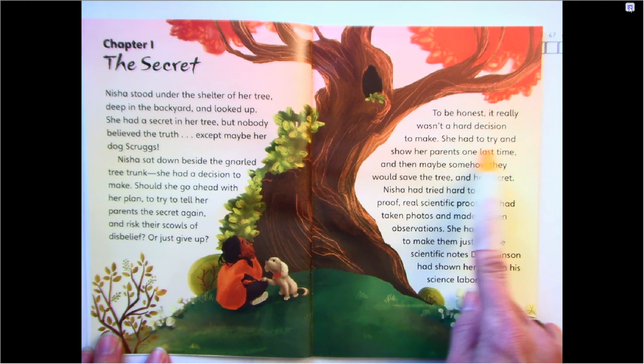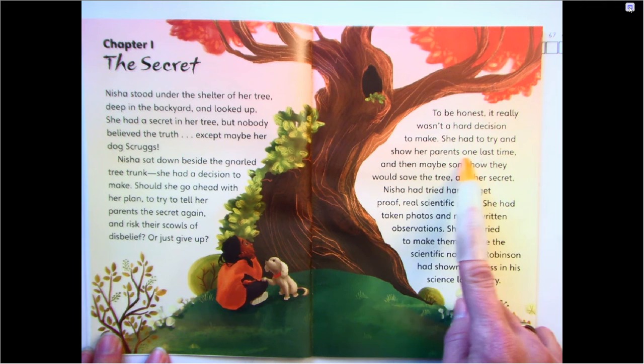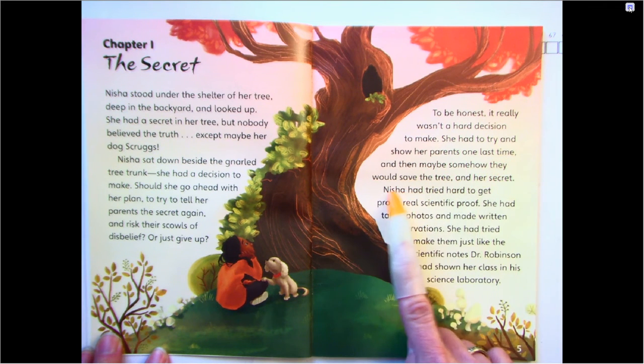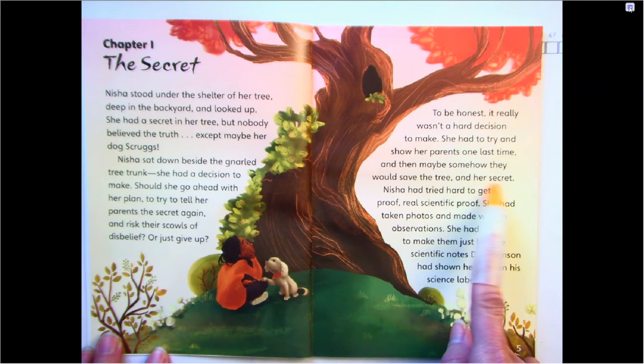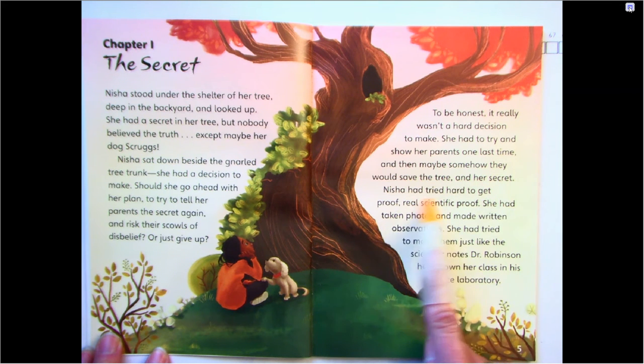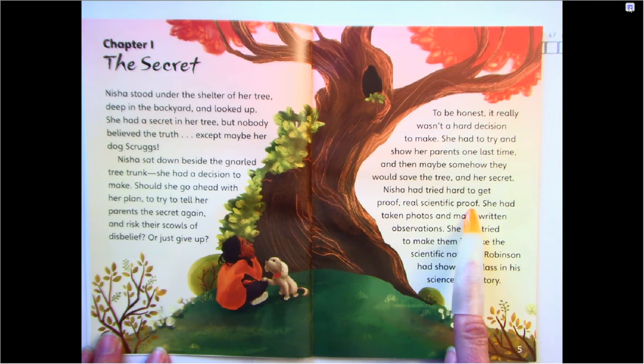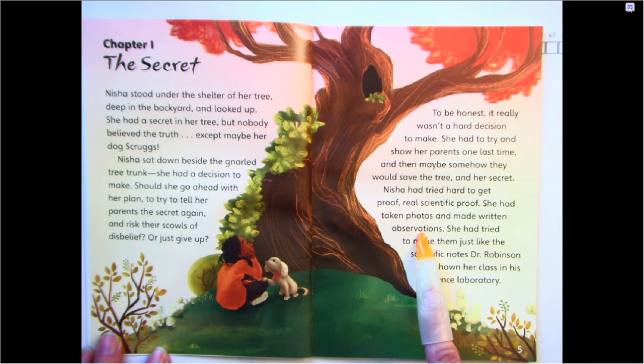She had to try and show her parents one last time, and then maybe somehow they would save the tree and save her secret. Nisha had tried hard to get proof, real scientific proof. She had taken photos and made written observations. She had tried to make them just like the scientific notes Dr. Robinson had shown her class in his science laboratory.